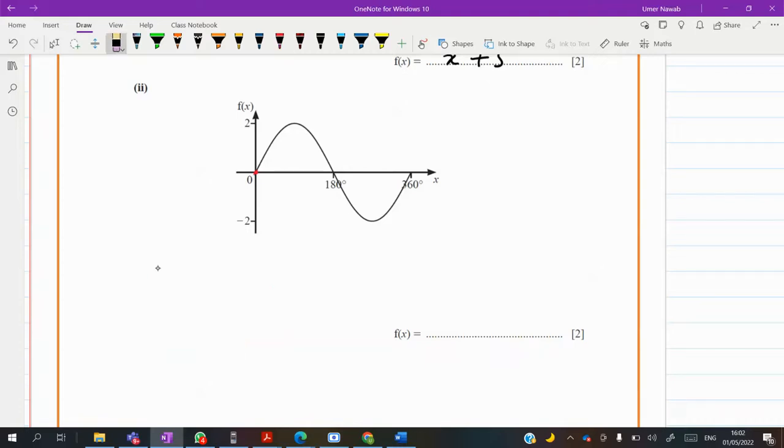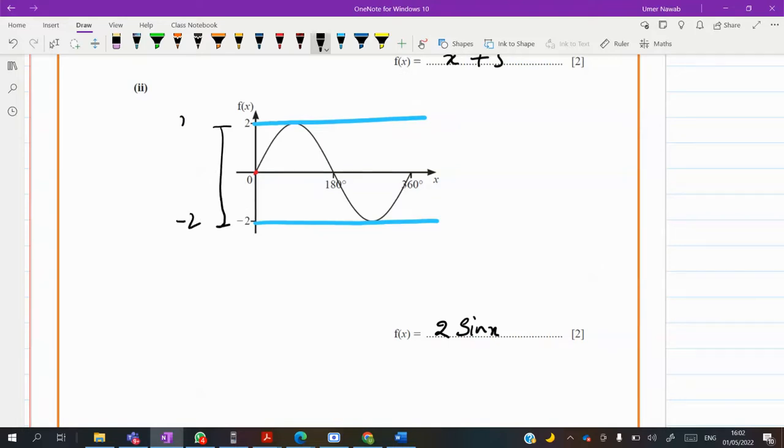There is one surprising thing here: the graph is between minus 2 and 2. Normally it is between minus 1 and 1. So what do you need to do? You just write sine x graph, but multiply with 2 because we want to keep the graph between minus 2 and 2.